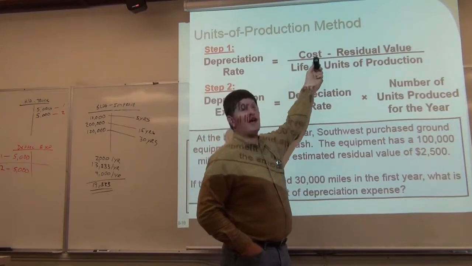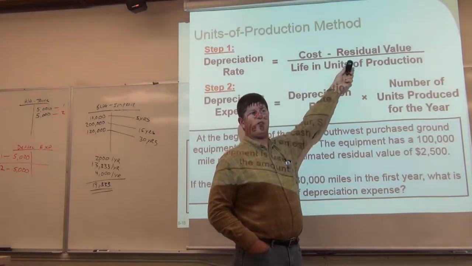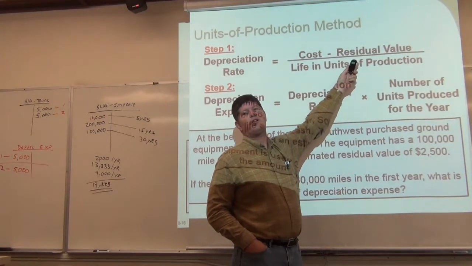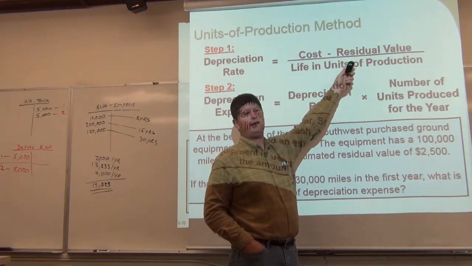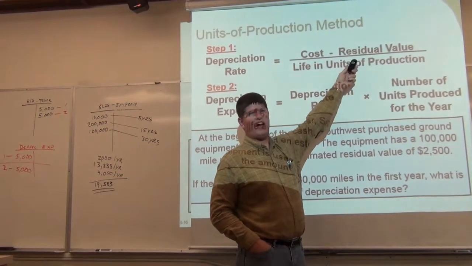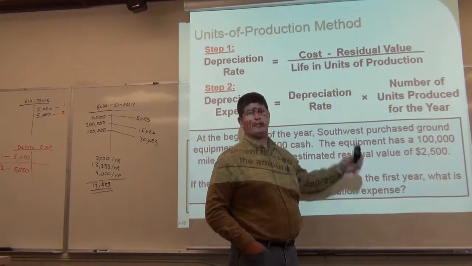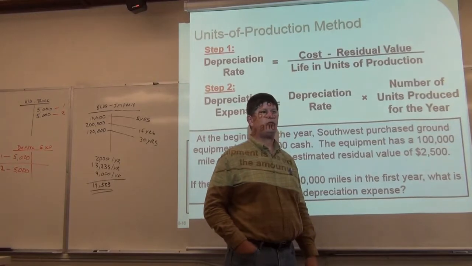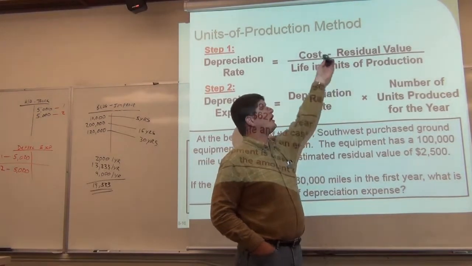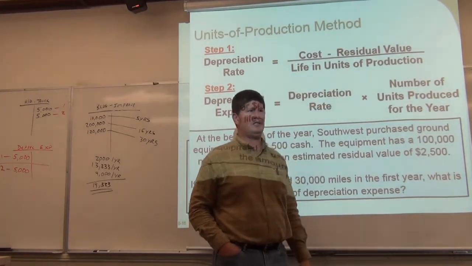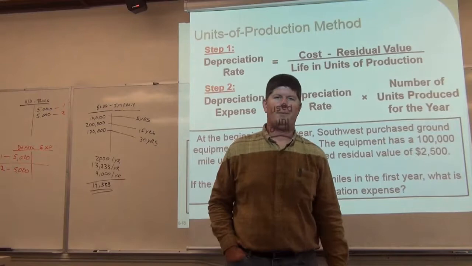Our cost was $20,000. Our residual value is, no, let's call it $1,000. Okay? 20,000 minus 1,000 divided by life in units. How long did we say we were going to drive the truck for? 200,000 miles. So 20,000 minus 1,000 is 19,000 divided by 200,000 is some number.